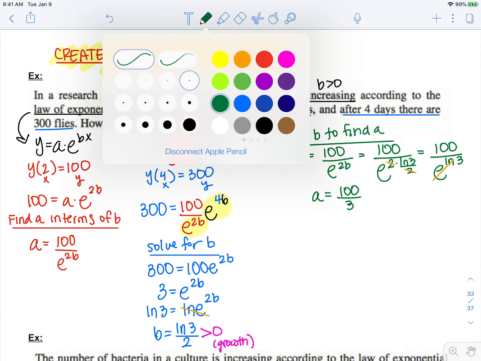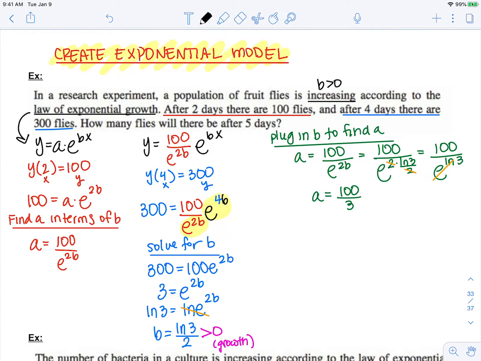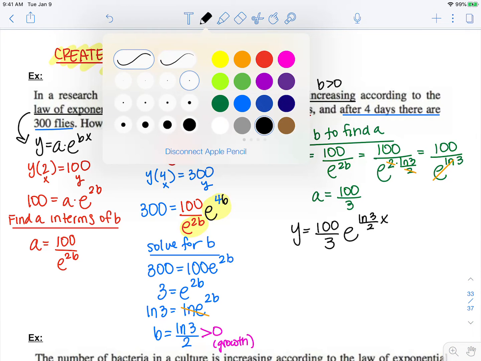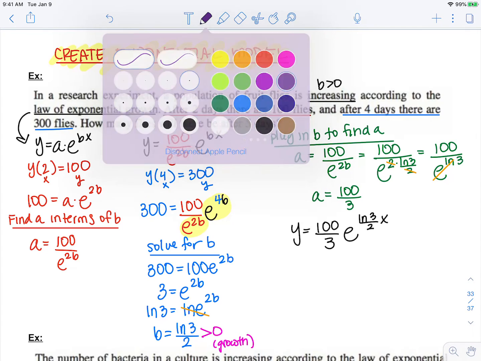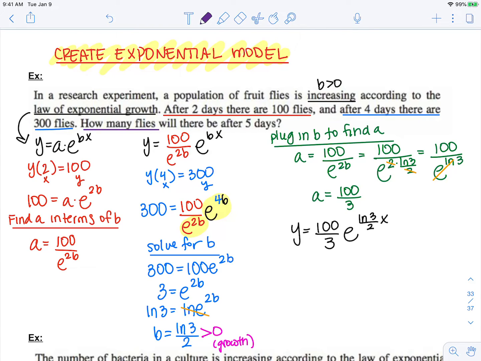So now that we know a and b, we have our equation. y equals 100 over 3 times e to the ln 3 over 2 x. Now that we have our equation, they want us to answer this question. How many flies will there be after 5 days?